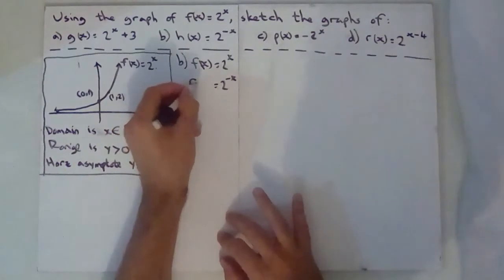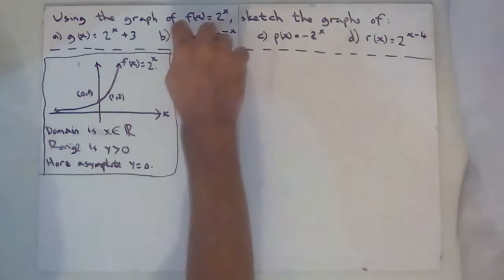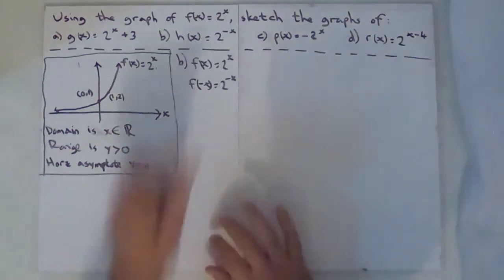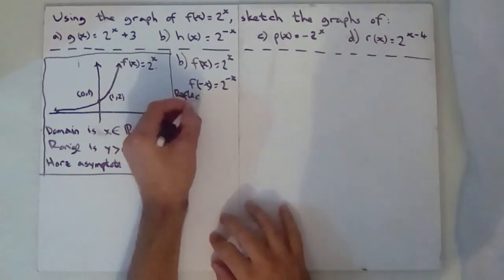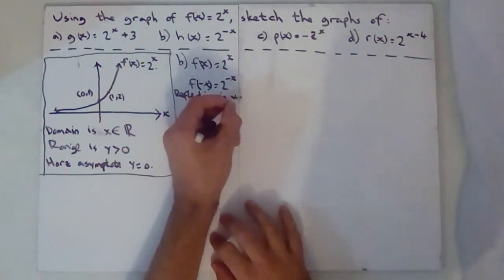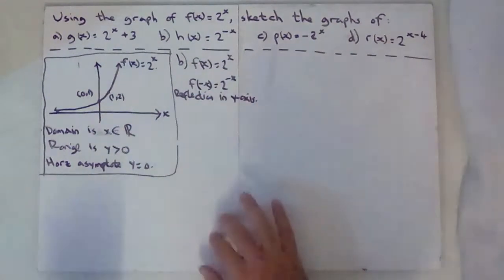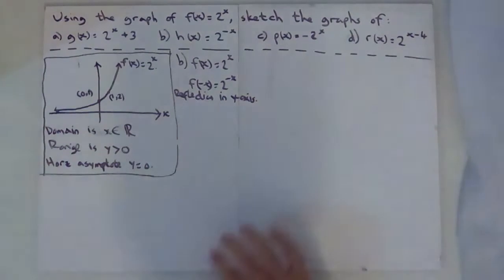So this is f(-x), so h(x) is f(-x). Now f(-x) means reflection in the y-axis. We need to take this as the parent function and reflect it in the y-axis.